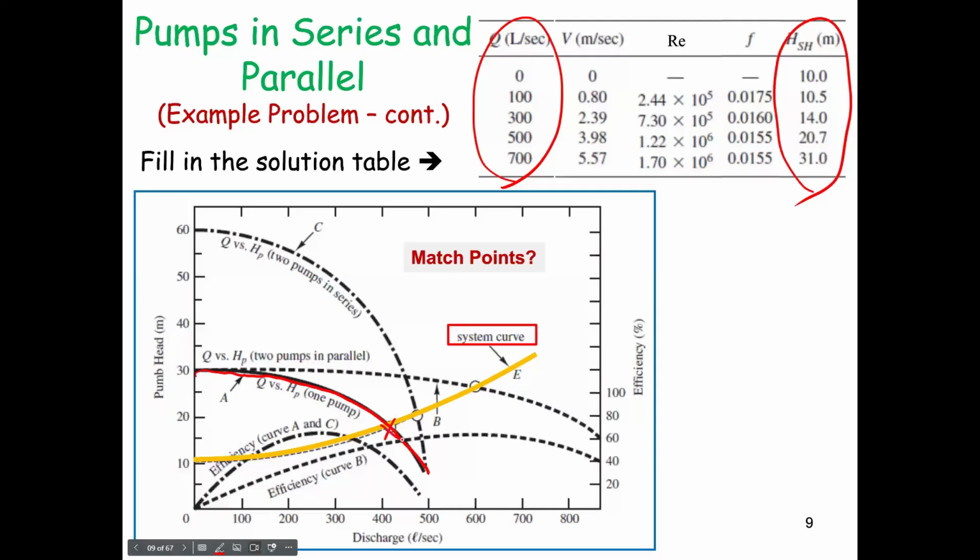Now, I'm asking you to find the match point for two parallel, two series. This is your line, two series, two parallel. Just find the intersection and give me the discharge for two parallel, two series.